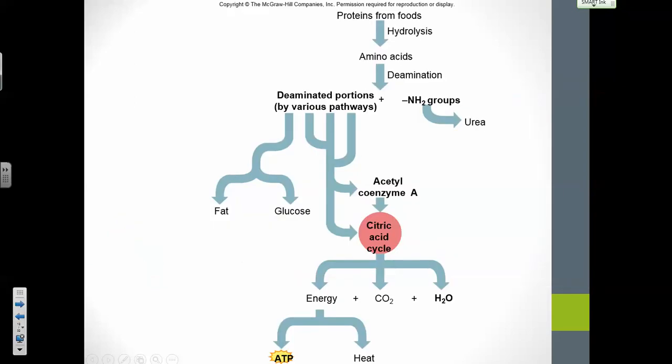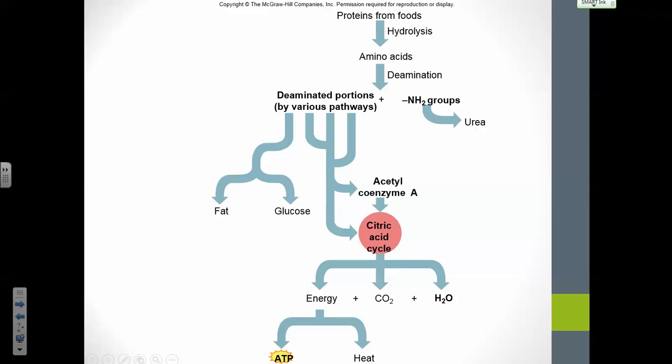All right, and then this is showing you a little bit more depth, not test information, but I need you to watch this. This shows you a little more depth in how your body processes amino acids.